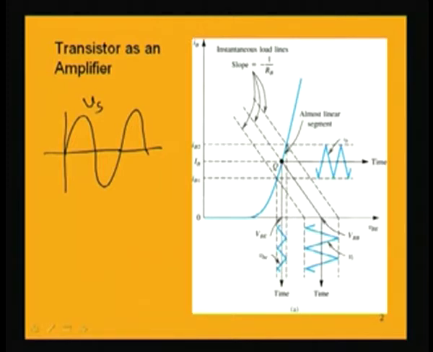So, the biasing current signal will start from the DC bias current and go up and down.